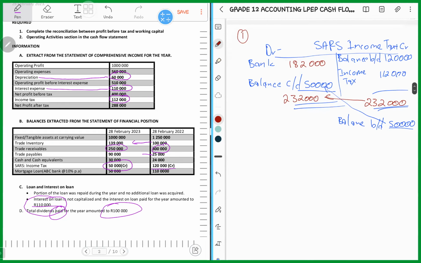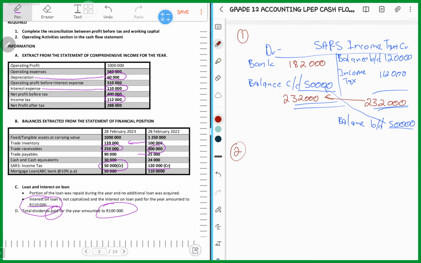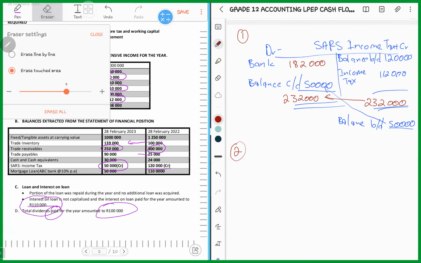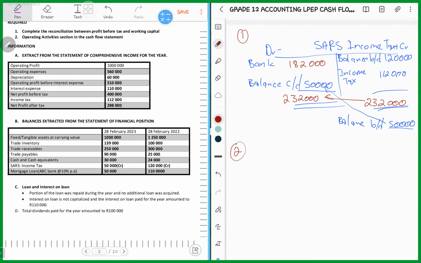Now, the second strategy, if maybe you don't like using T accounts, you can just use straight lines. And the only way for you to understand straight lines is by using some short formulas. So now I just want to use this strategy as well for short formulas.